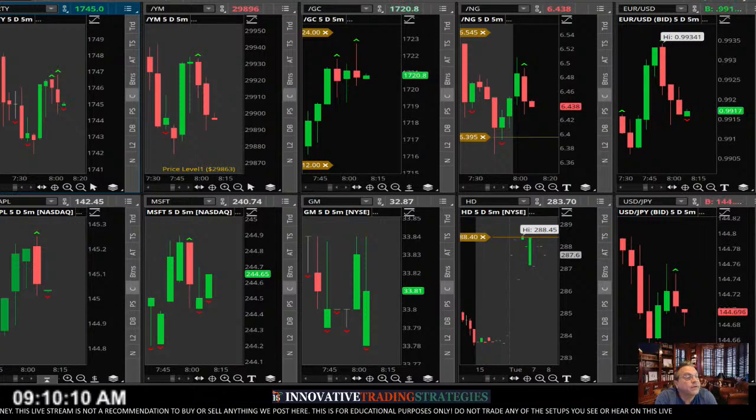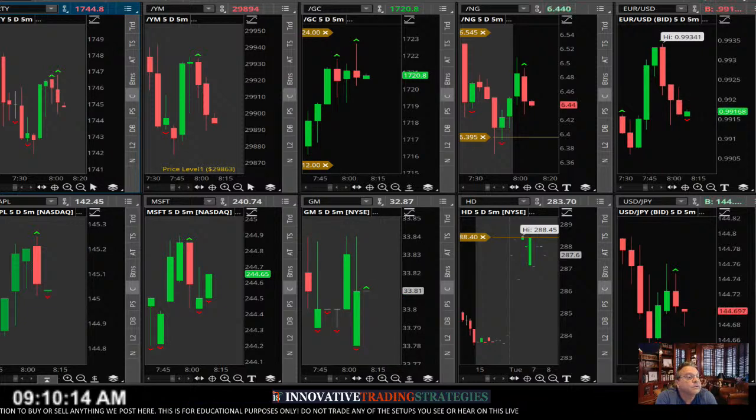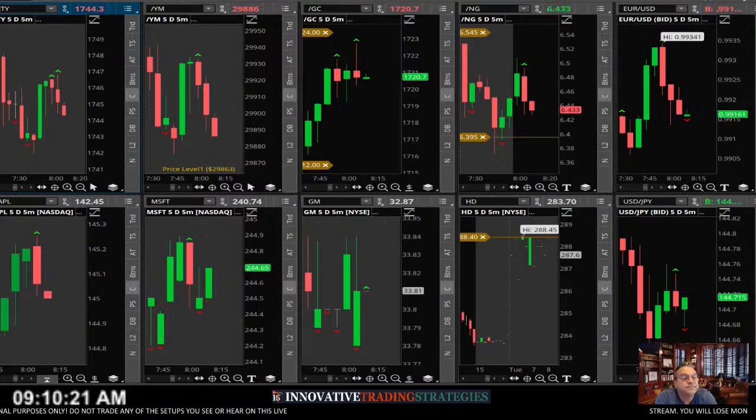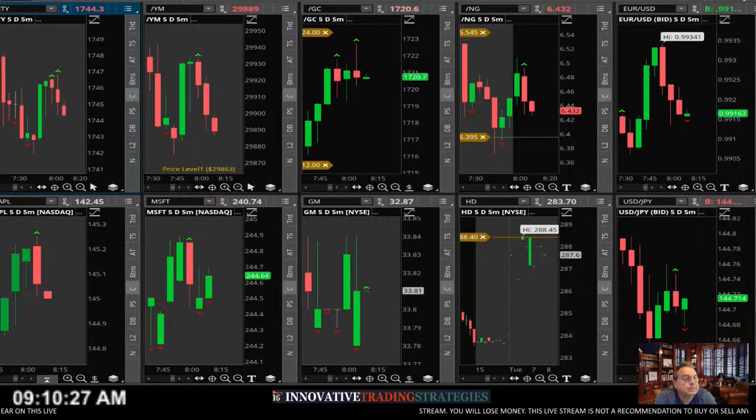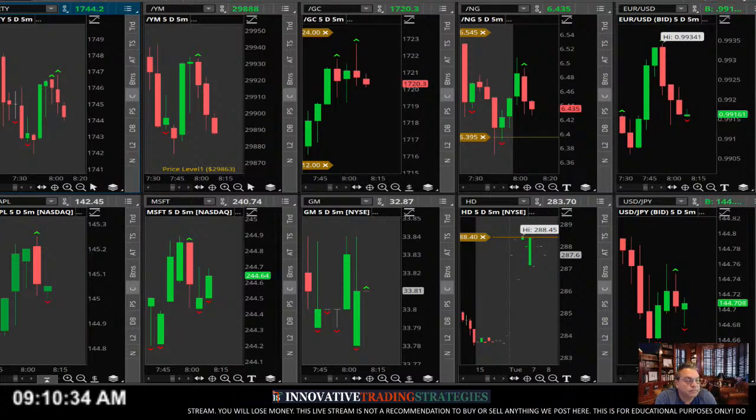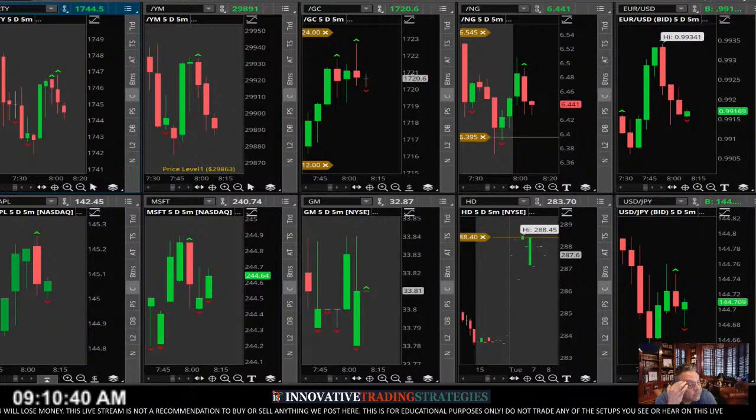Crude's going up. So I don't have anything on crude. It's still going up, so it looks strong on crude. Silver's really strong this morning. Silver looks good. If we can get this Home Depot up to 288.40, that'd be a good entry for an HF1 buy.